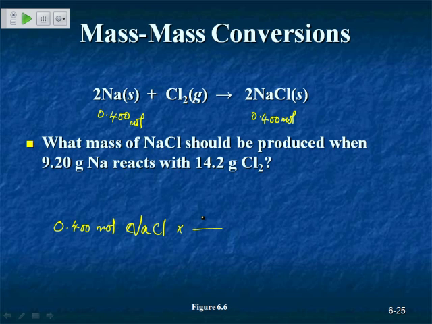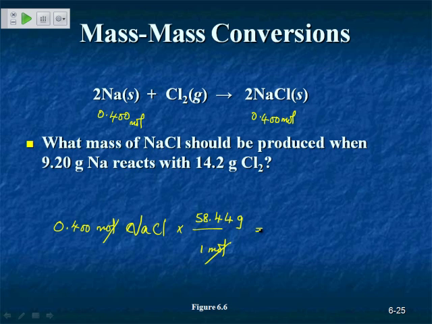Somewhere around 55. No. How much? 58.44. That's what you said? Okay. Grams in 1 mole. So the mole will go away and you will have the answer in grams. So that will tell you how many grams of sodium chloride is formed.